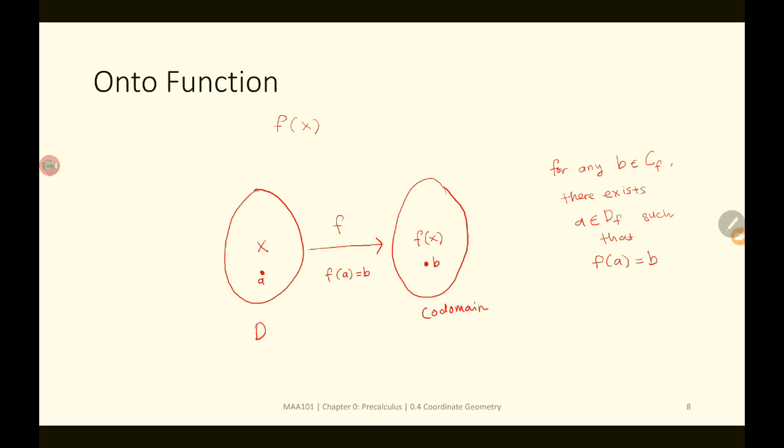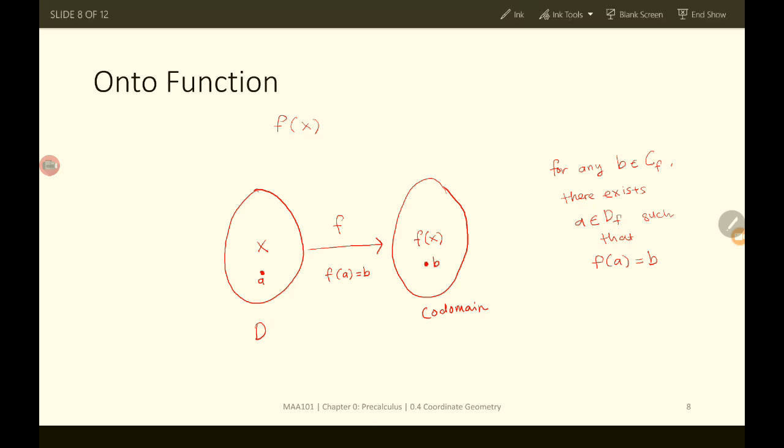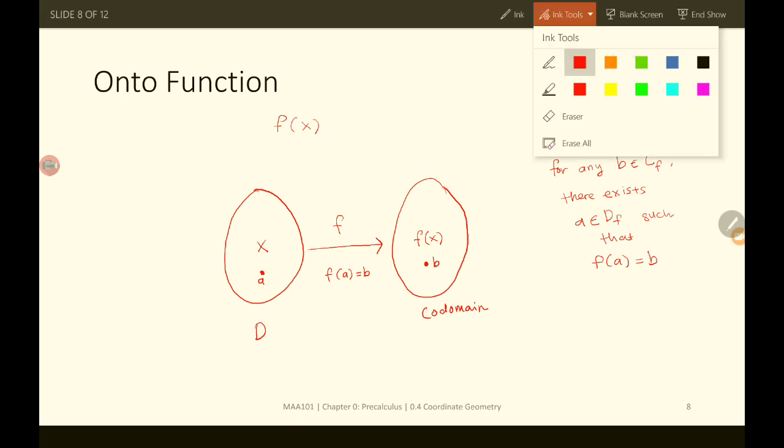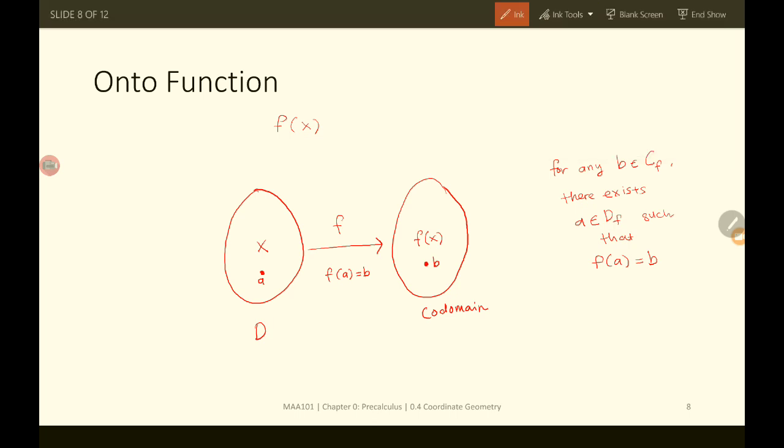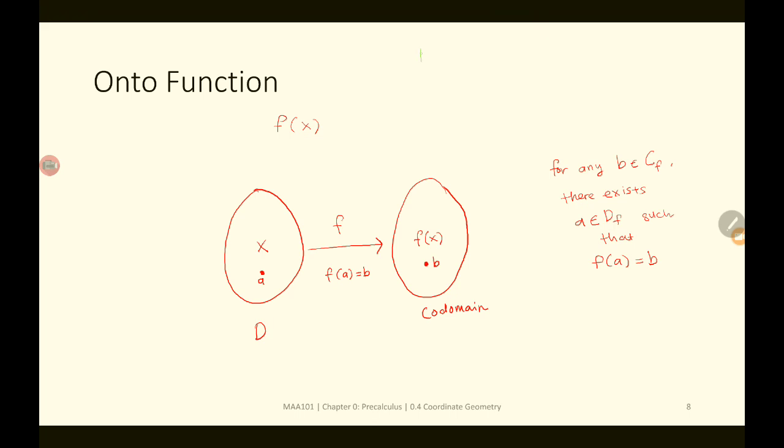I'm not going to ask this, but I'm going to give you an example of a not onto function. Let's see an example. This is not an onto function.